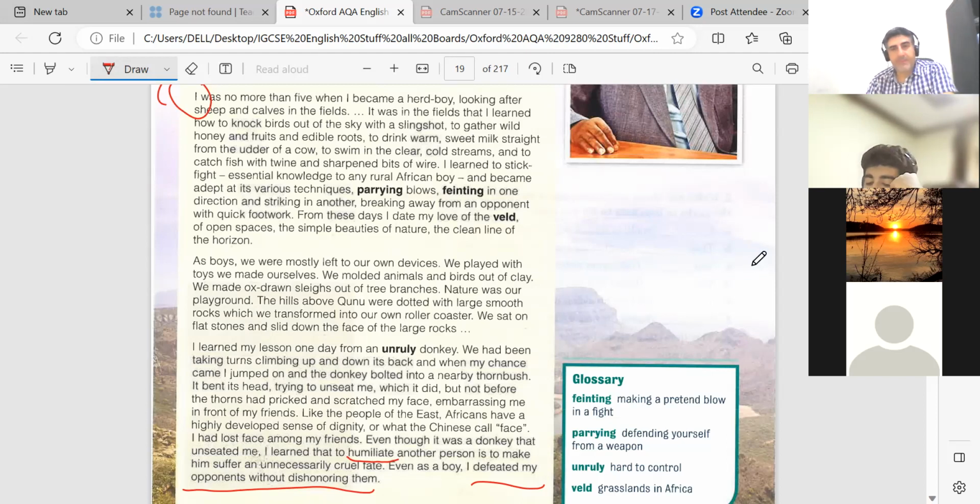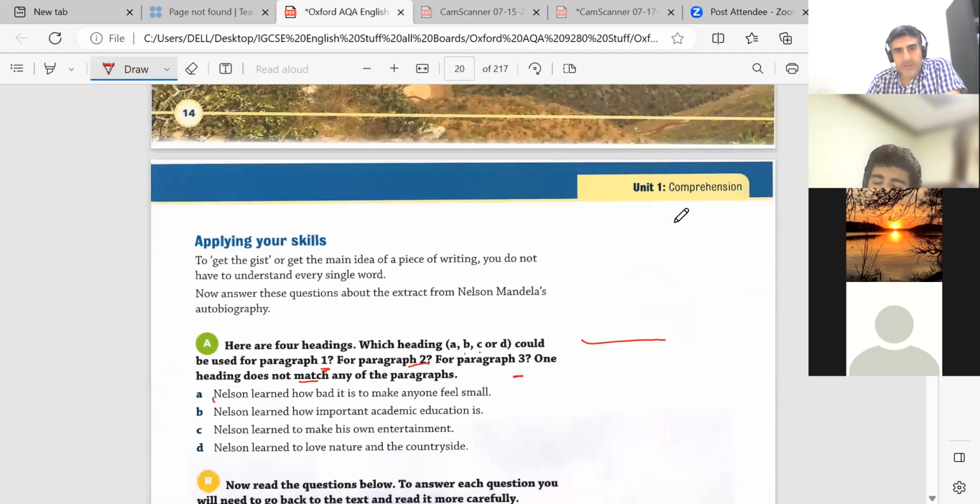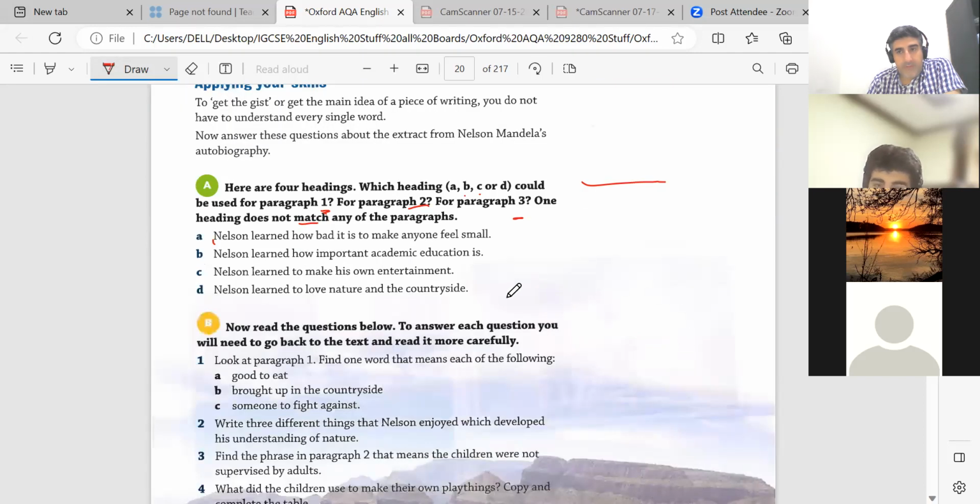Right, who finished B? Statement B. I did. Yes, I need another one. Go ahead, Khalid. Paragraph 1. Nelson learned how important academic education is. Did you read a main idea about this meaning in any paragraph?